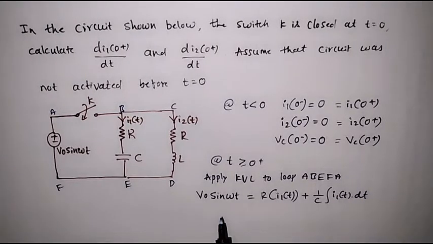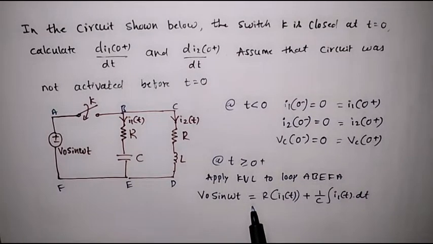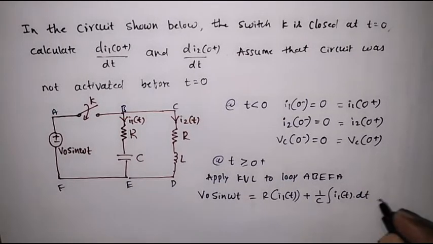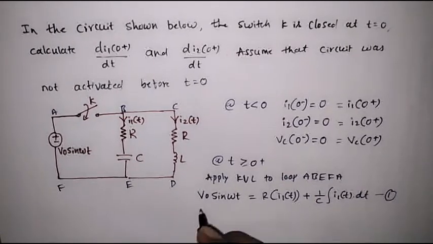So now we need the first differentiation of current. In this equation we have I1(t), so we'll differentiate this equation to get the first differentiation of I1(t). I'll call this equation number 1.